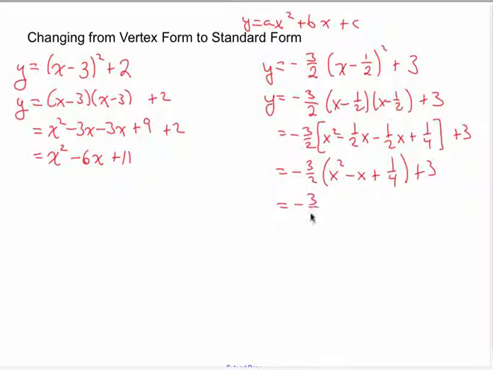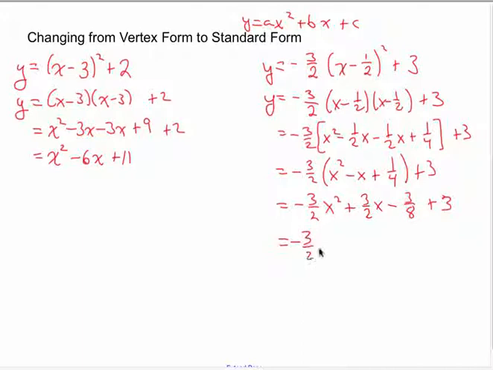And lastly, negative 3/2 times x squared, and then negative 3/2 times negative x gives me positive 3/2 x, and then negative, now I gotta watch how I multiply my fractions here. Minus 3/8, 2 times 4 is 8, plus 3.